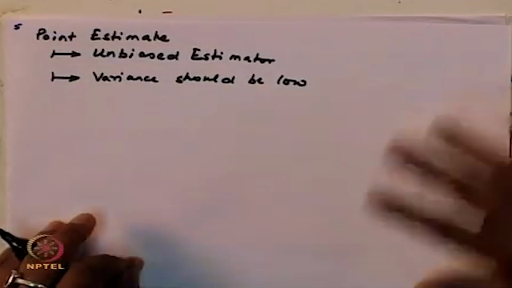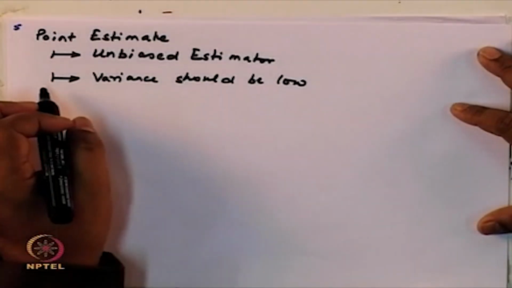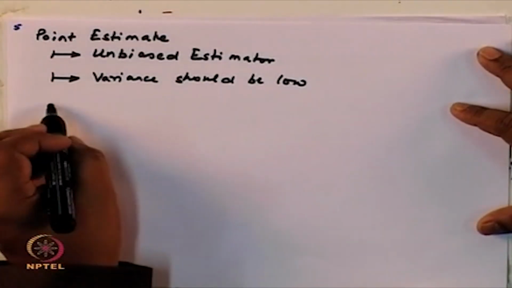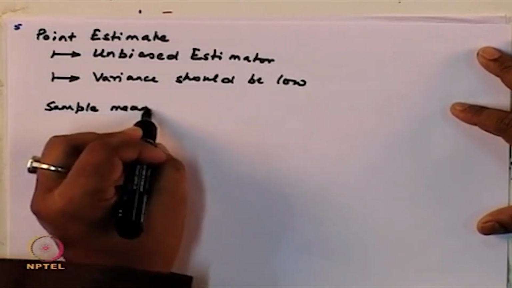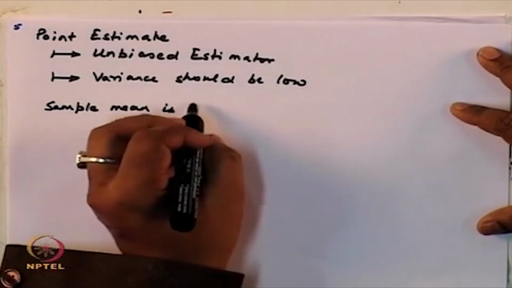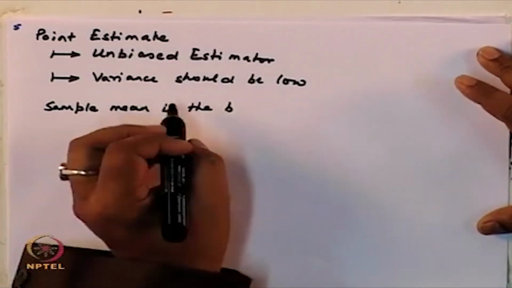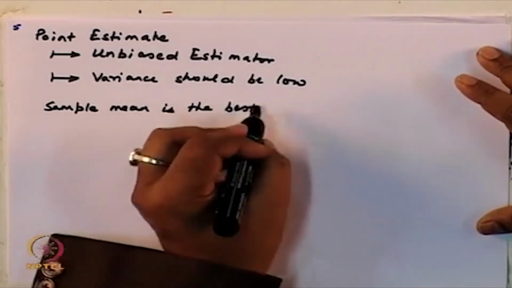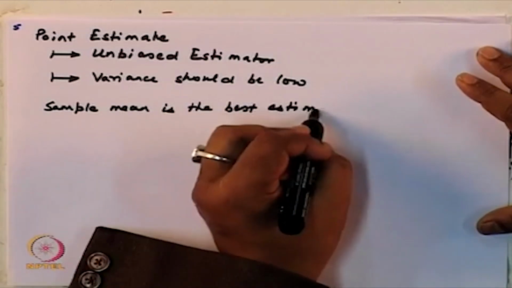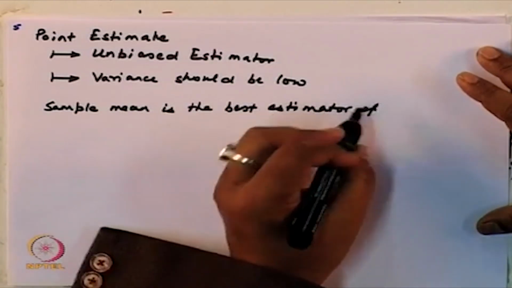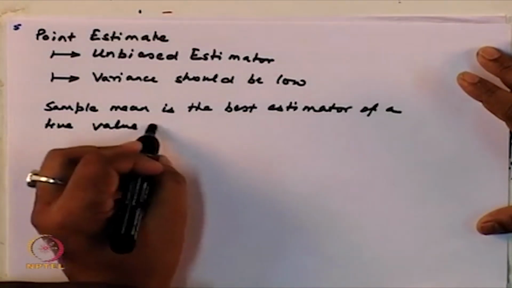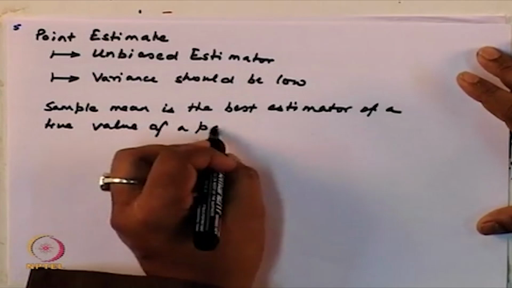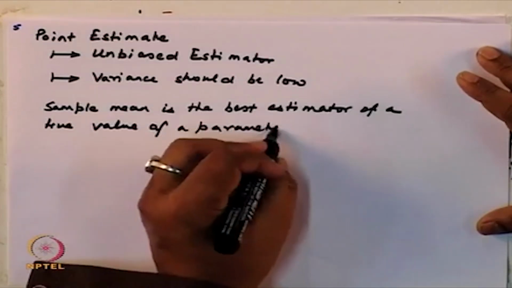Clearly, in our case what we found was that the sample mean is the best estimator of the true value of a parameter. Why?